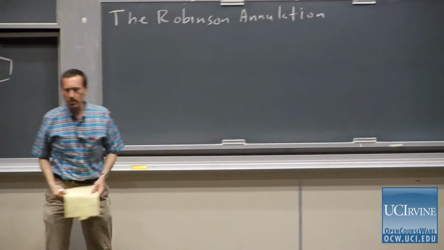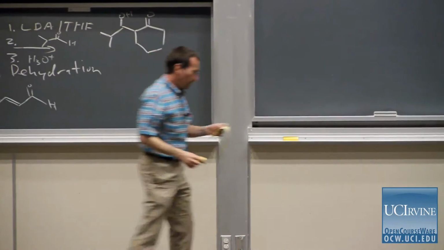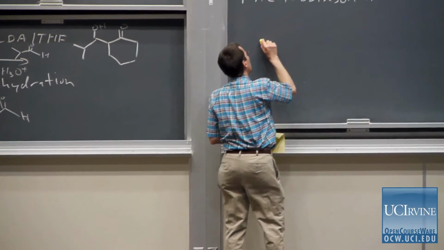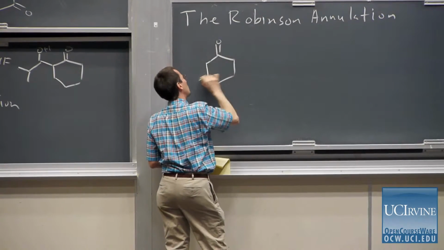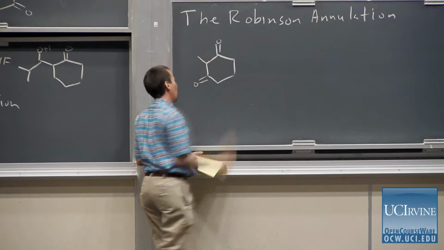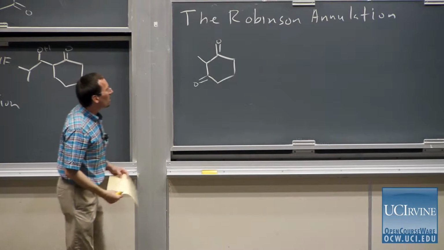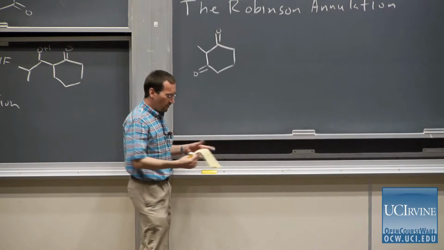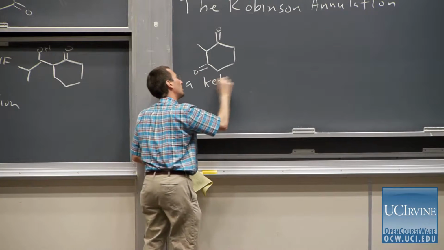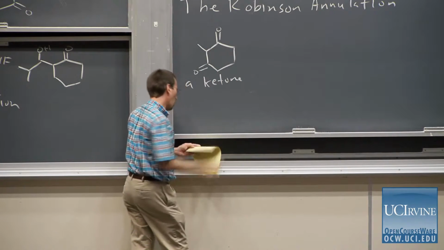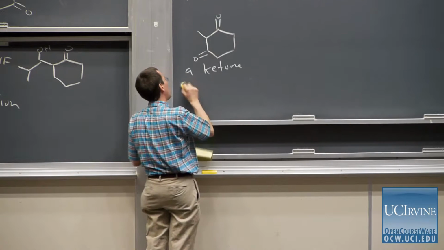I'll start with a specific example of this particular ketone, 2-methylcyclohexane-1,3-dione. And in general, we can say, a ketone or a 1,3-dicarbonyl compound.